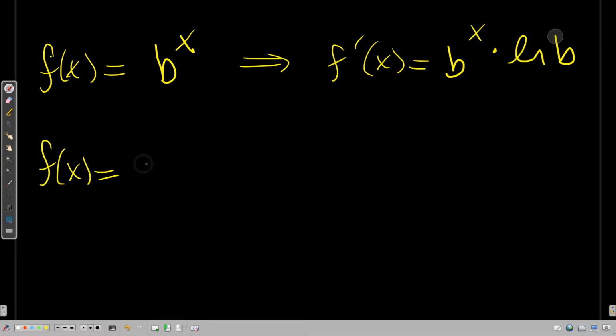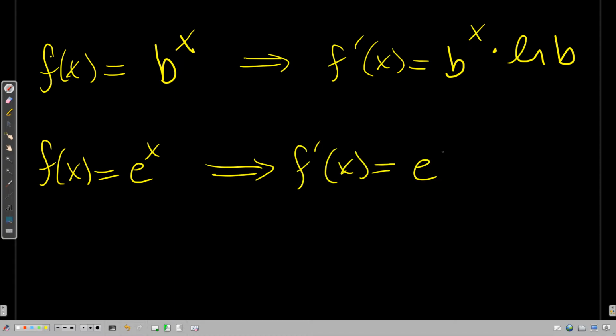See that this coincides with, if you had the exponential function, then you would find its derivative by having that base to your exponent x, and then times the natural log of that base. But natural log of e is the number 1.